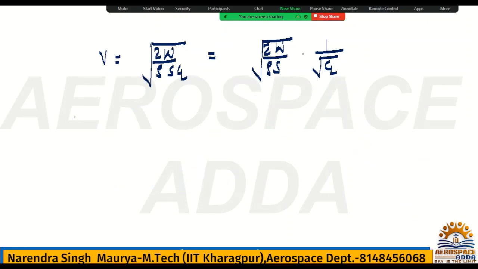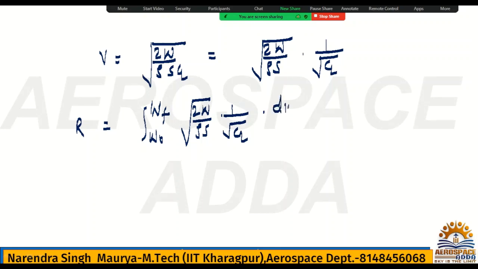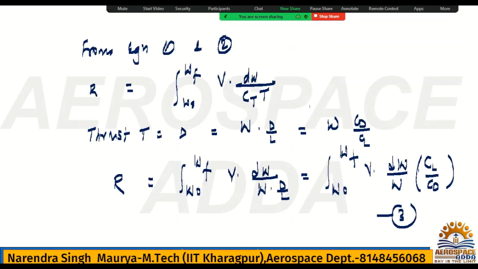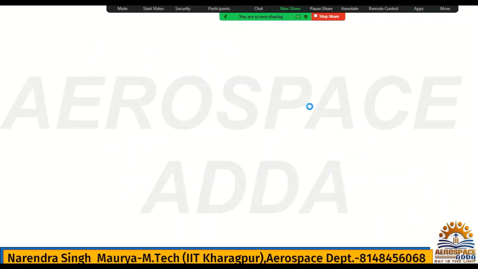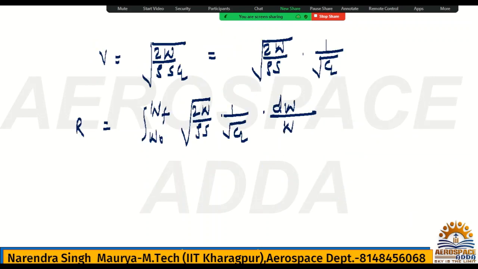Now R you can check. What is R? R is nothing but the integral from initial weight to final weight. V you can write now as root of 2W by rho S, 1 upon root CL, dW by W into CL by CD.